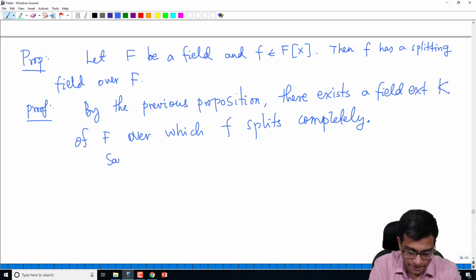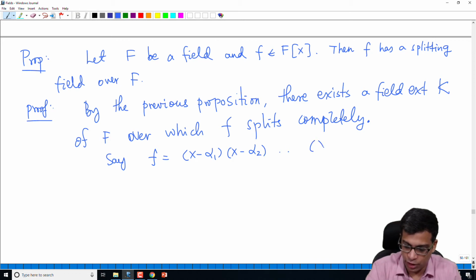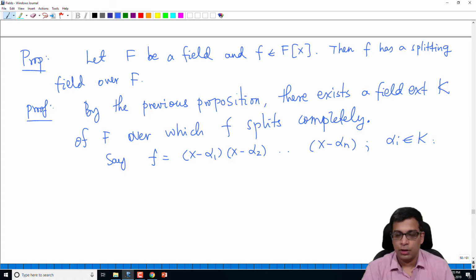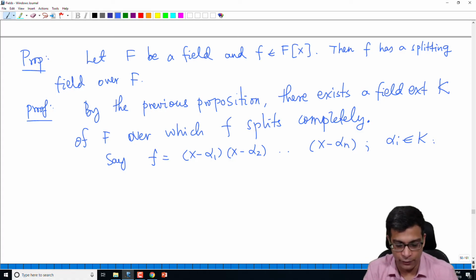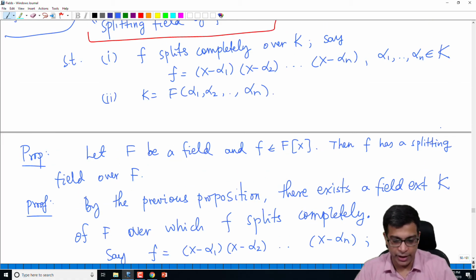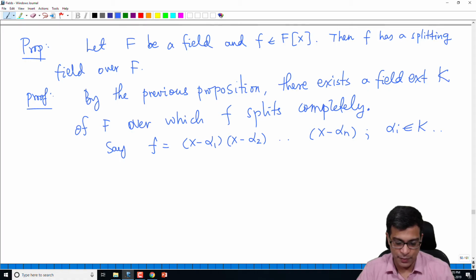So say small f splits completely, right? So we take (x minus alpha 1) times (x minus alpha 2) times ... (x minus alpha n) with alpha i in capital K. It is not true that capital K is the splitting field of small f, because the second condition may not be satisfied. But no problem, it's very simple to get a splitting field.